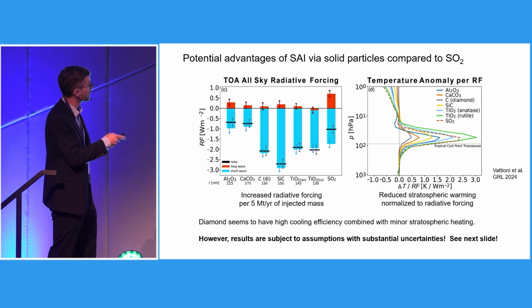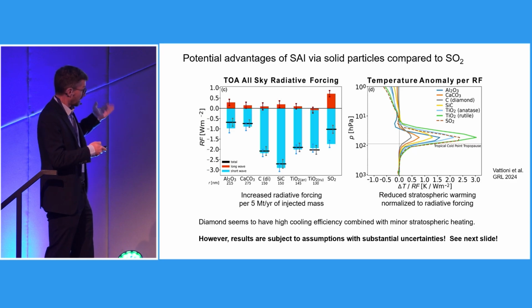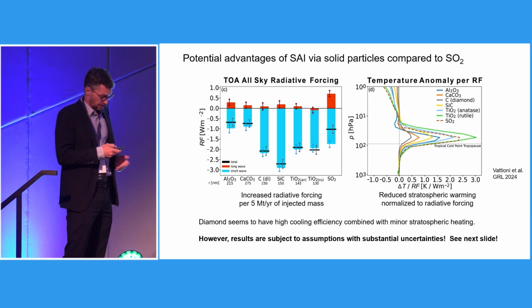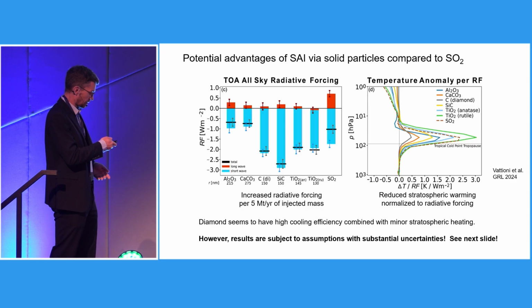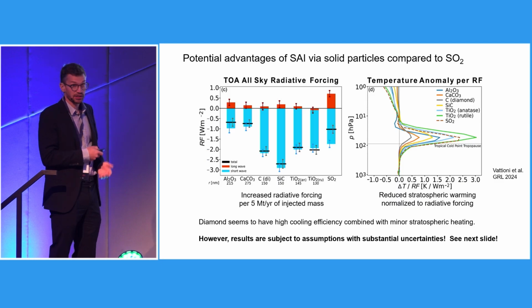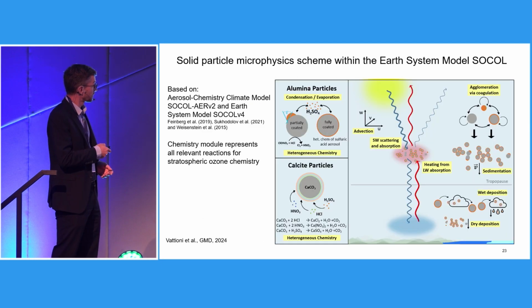And most importantly, calcite and diamond here, they also result in significantly reduced stratospheric heating. Here, stratospheric heating as a function of altitude, it's significantly reduced compared to SO2 injections. So there is potential for alternative materials, but the results presented here are subject to substantial uncertainty.